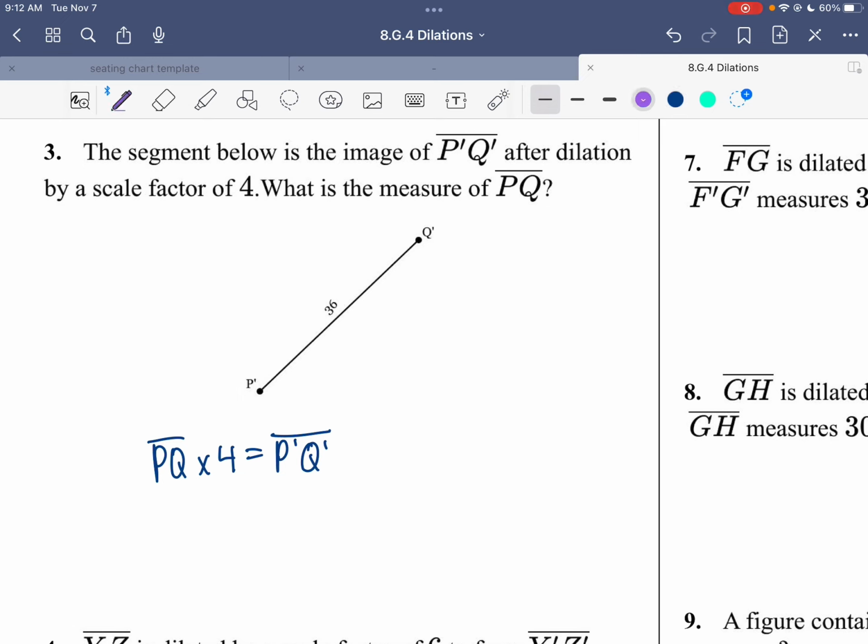In the problem, we are given the length of P prime Q prime right here, which is 36. And we are looking for the length of PQ. So we need to figure out what number we multiply times 4 to get 36. To find that number, we will divide 36 by 4, and we get that PQ is 9.